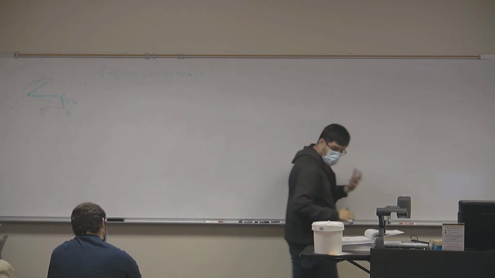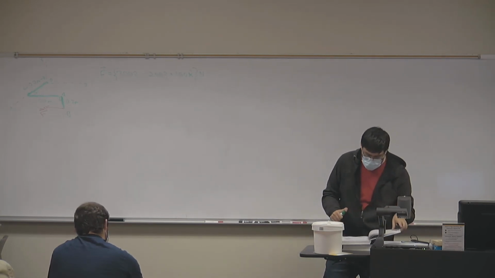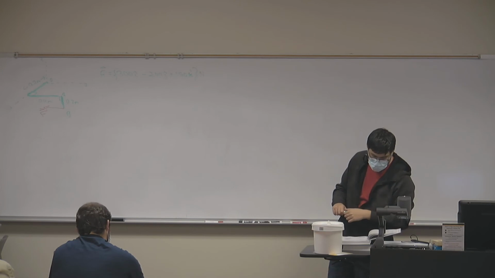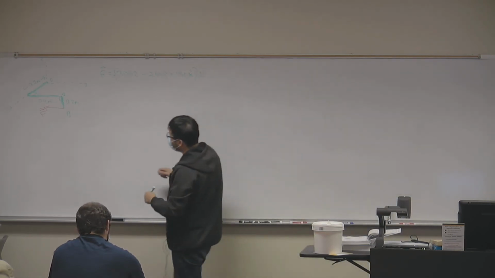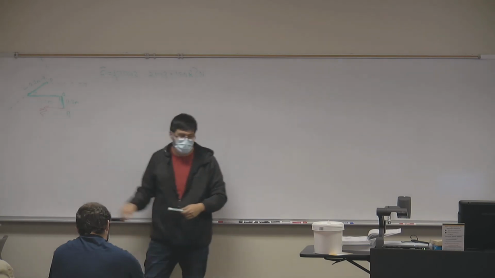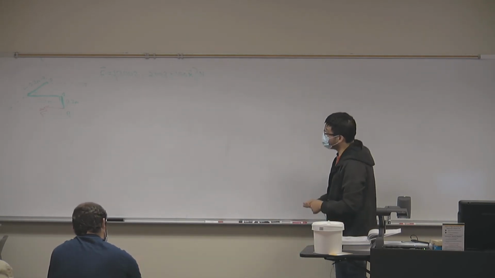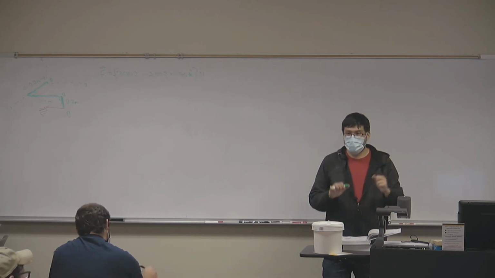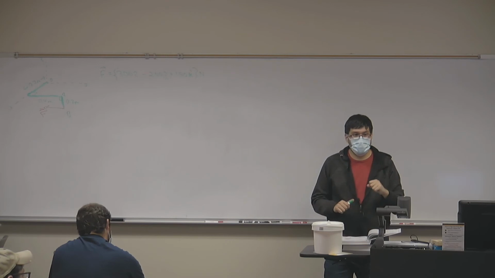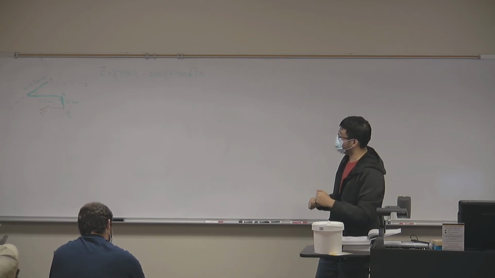Now there are different things I can ask you, but let's go with the problem statement first. 4-13 says determine the magnitude of the moment that this force causes about the x-axis. So let's think for a second. We want the magnitude of the moment about the x-axis.